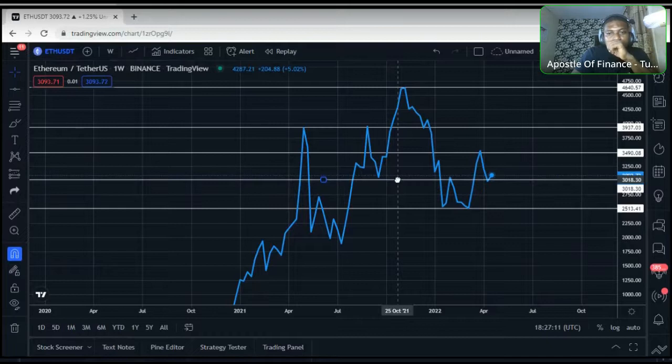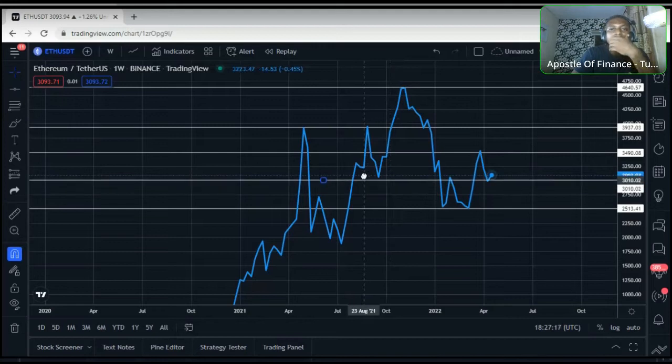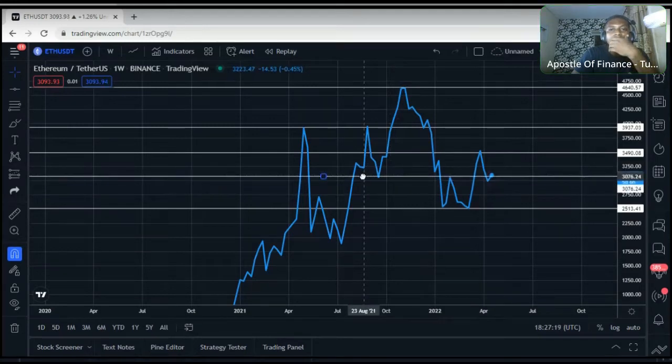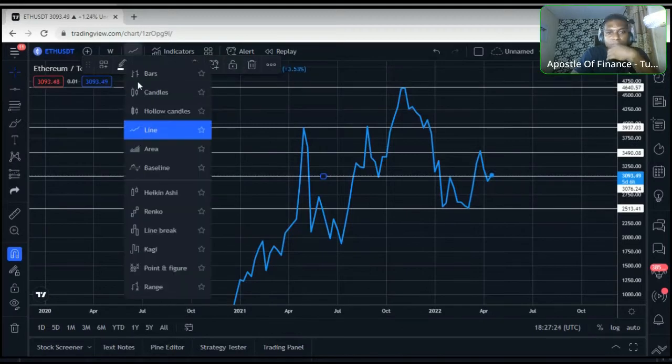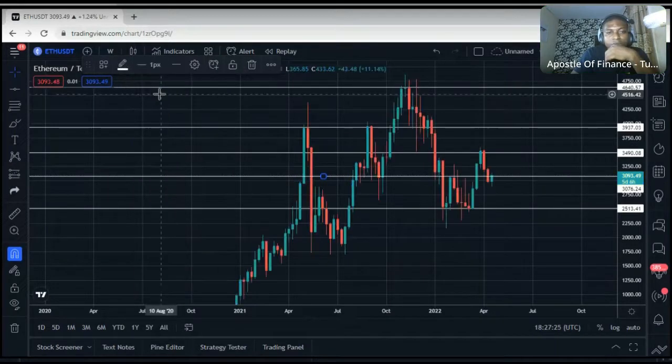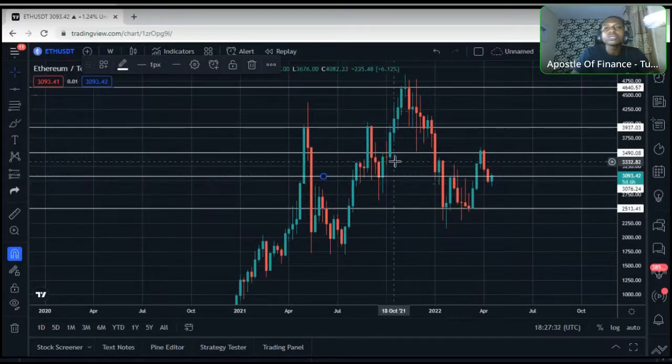Good. Exactly, this level. So we are now able to map out the support and resistance levels. These are part of the market structure, understanding the market structure.